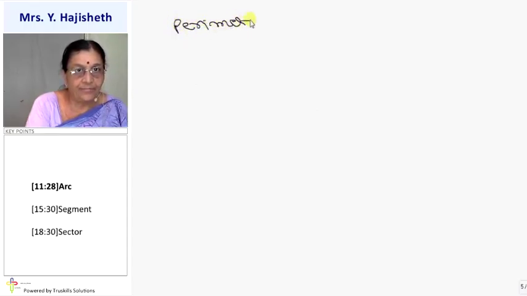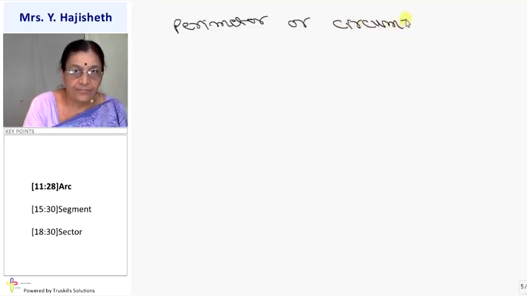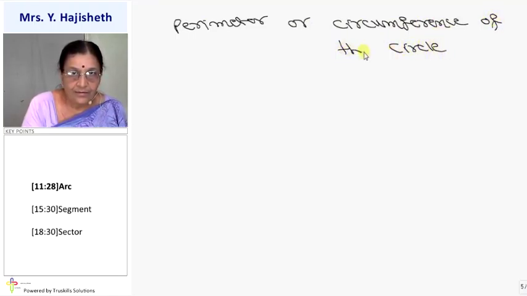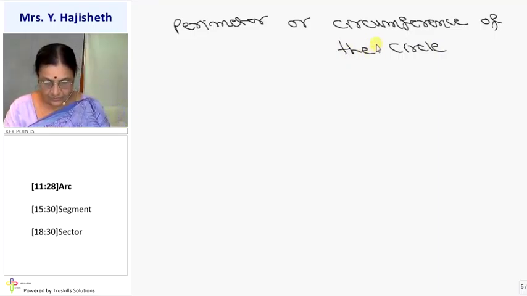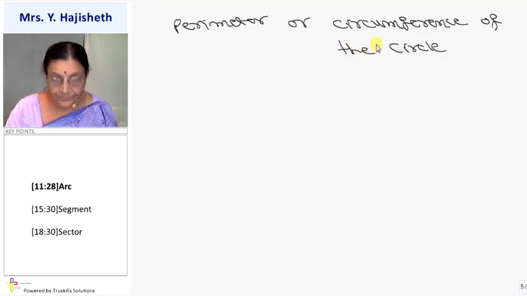Perimeter or circumference of the circle. Clear?